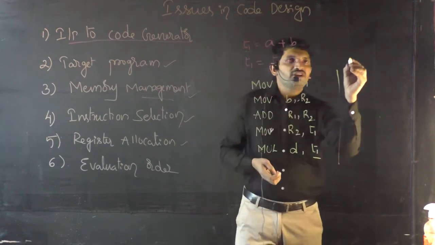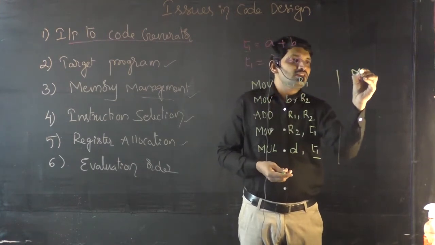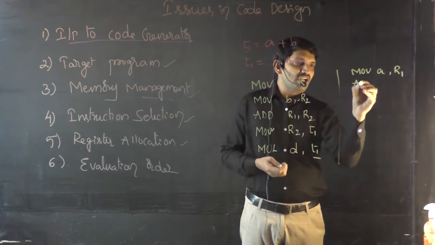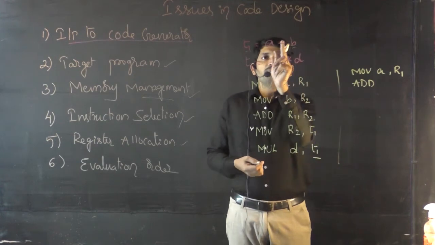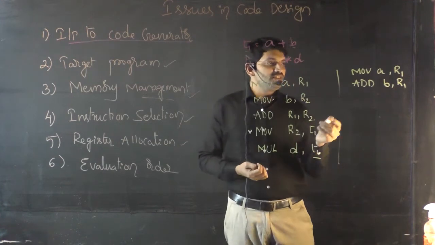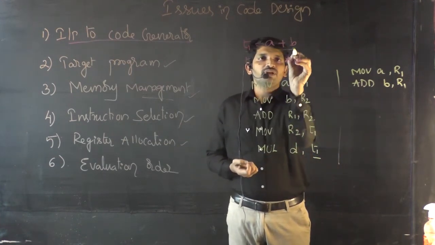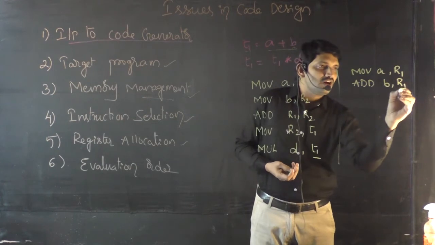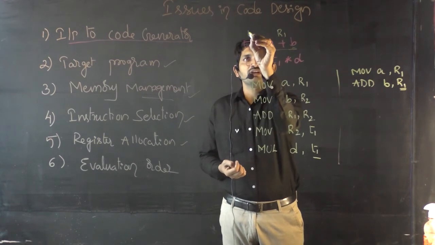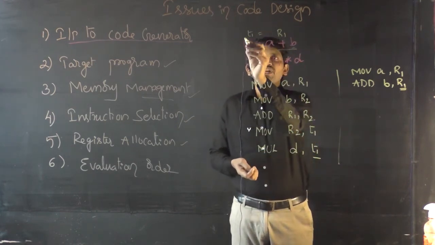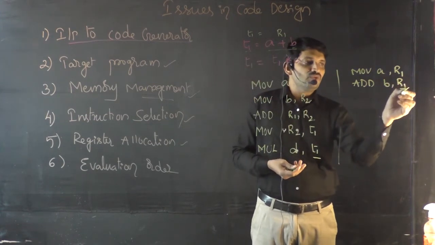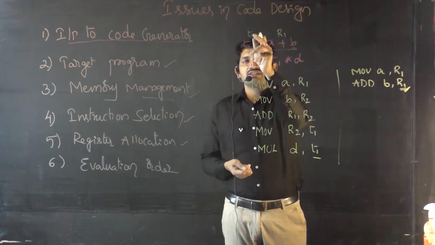Now come to the next method. First I am moving the A value to R1. Now I perform the addition operation between B and A, ADD B, R1. That means after performing the addition between A and B, that value is stored in R1, which indicates this R1 is nothing but our T1. So there is no need to move the value from R1 to T1, since the value residing in R1 is nothing but T1.